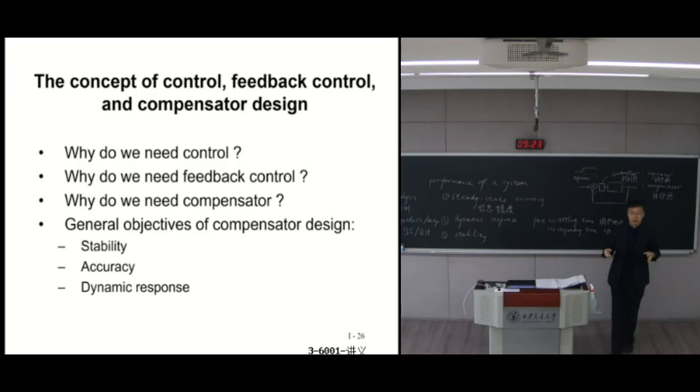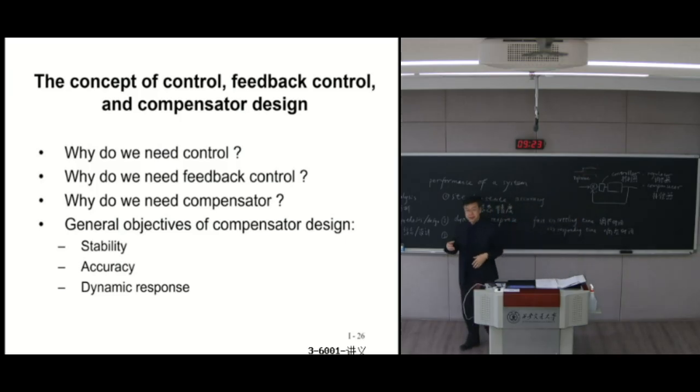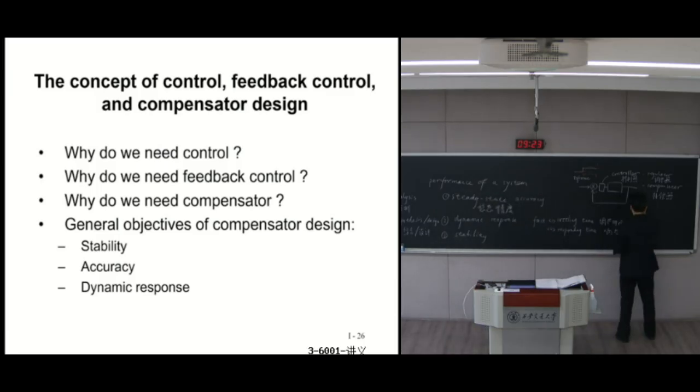And we have a mathematical approach. The mathematical approach is based on what we are going to discuss in the following part, which is called frequency domain. We have basically the following frequency domain method.